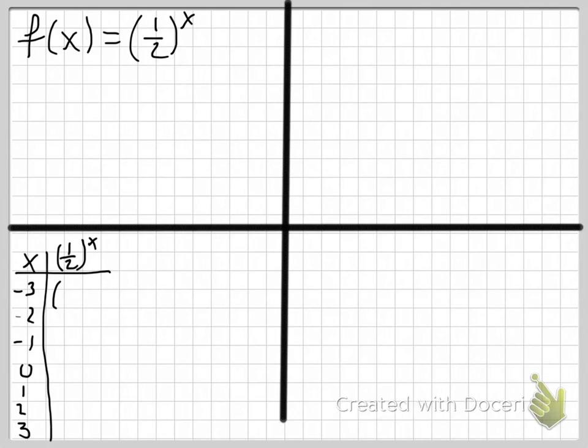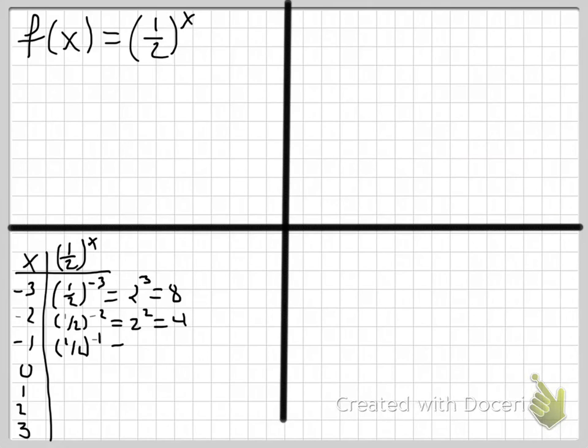Now when I do the negative exponents on a fraction, that just flips the fraction over and the exponent becomes positive. So it becomes 2 cubed, which is 8. So it just flips the fraction over, the exponent becomes positive. That's one of our exponent rules. And then anything to the 0 power is just 1.